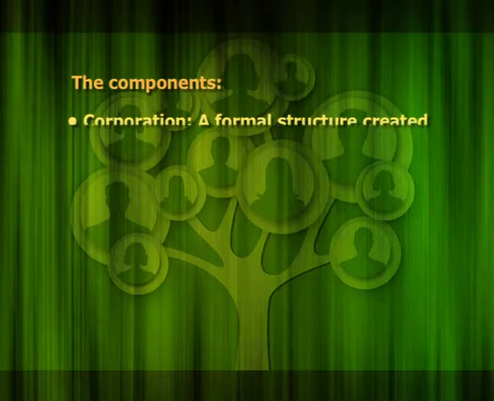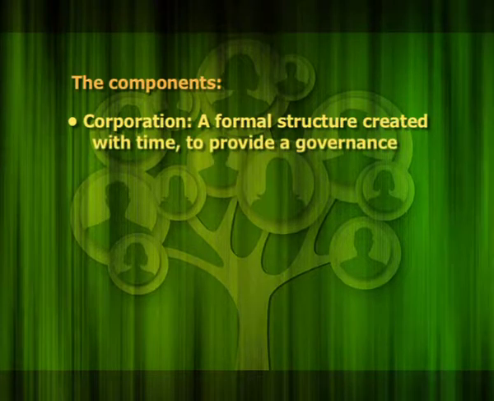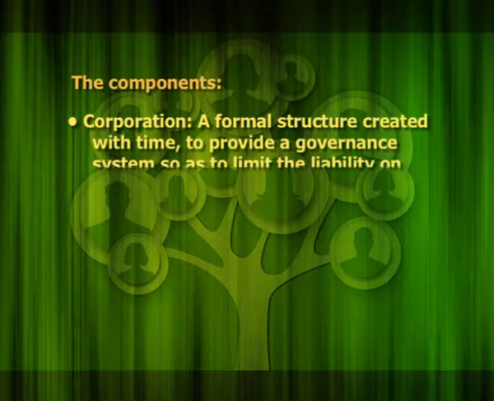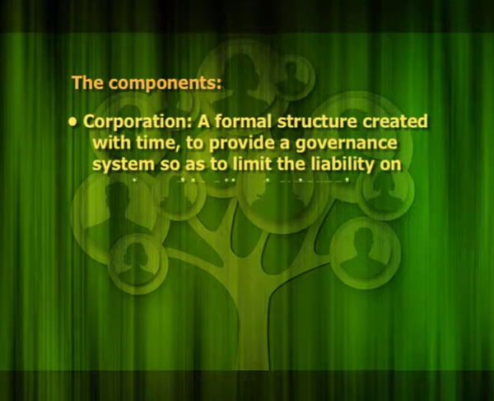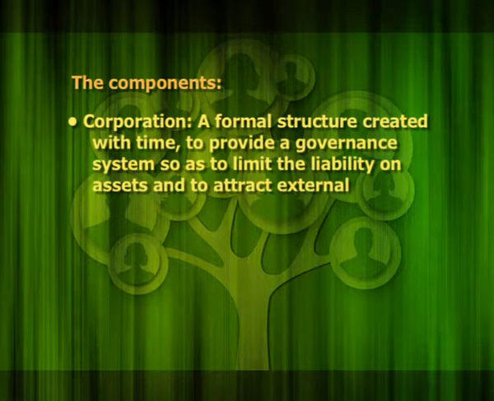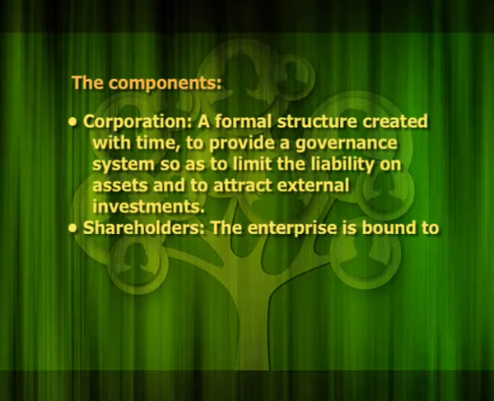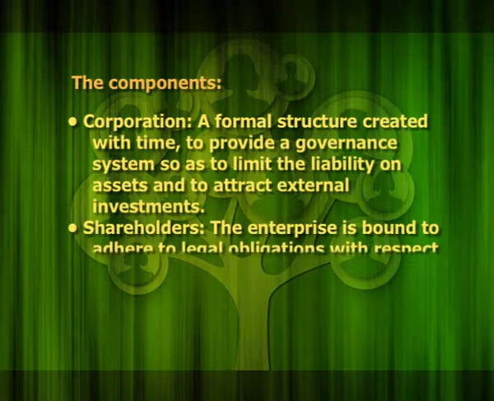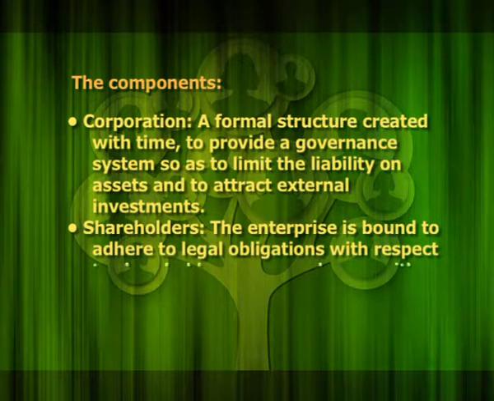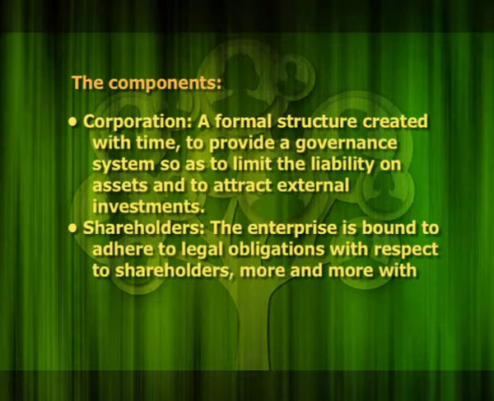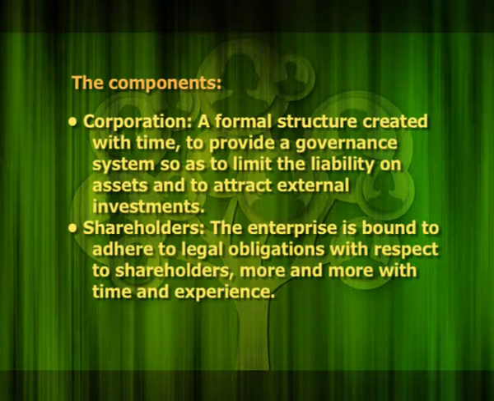Third is a corporation, a formal structure created with time to provide a governance system so as to limit the liability on assets and to attract external investments. Fourth will be shareholders. The enterprise is bound to adhere to legal obligations with respect to shareholders more and more with time and experience.